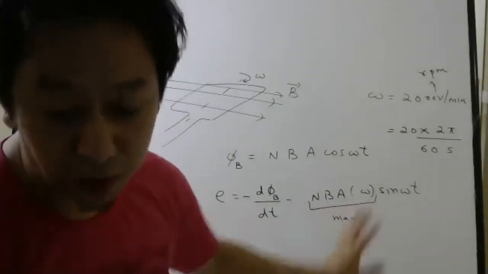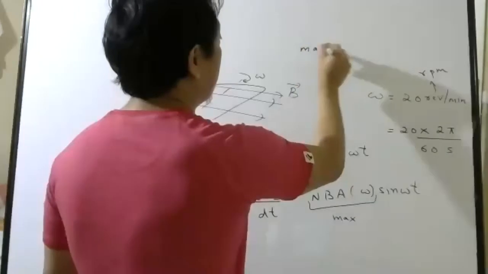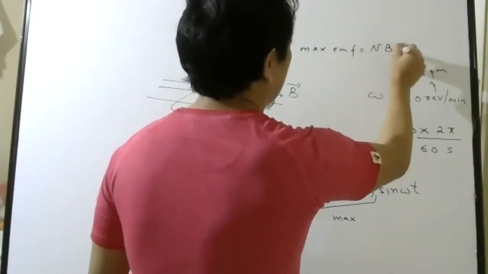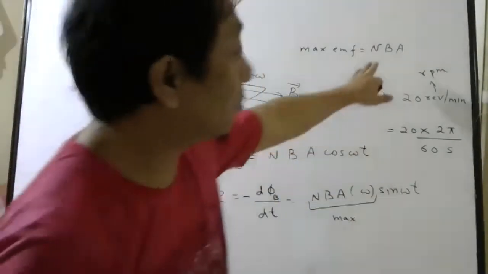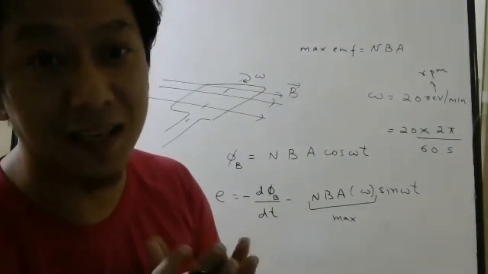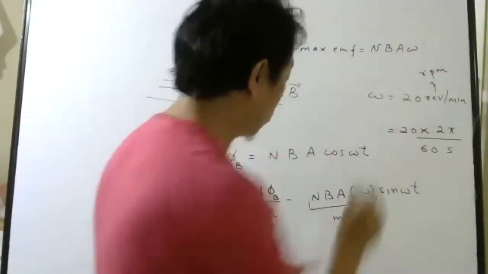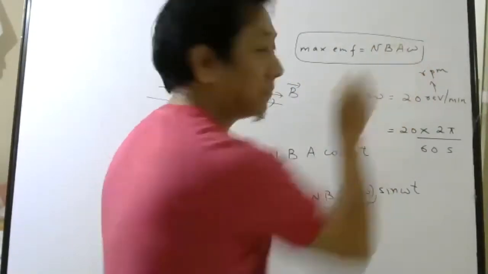Please memorize the formula for maximum EMF. So maximum EMF is equal to NBA. Those who play basketball and follow basketball should know this. NBA you will know because it is related to a league. So NBA, but you have to introduce omega. This omega is also there, right? So please try to remember this formula.